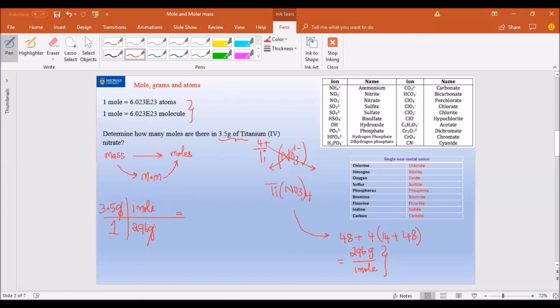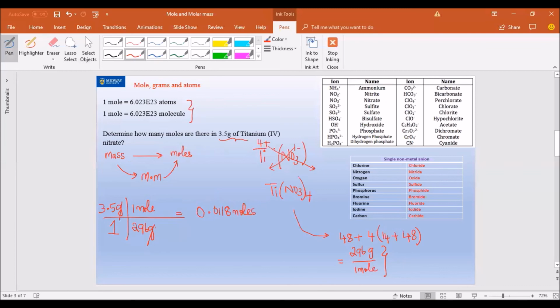Cancels out. So it's 3.5 over 296, which would be 0.00118 moles. And that is it. Is that clear? All right. So that's how you go from mass to moles.